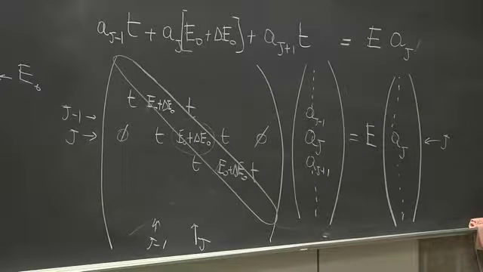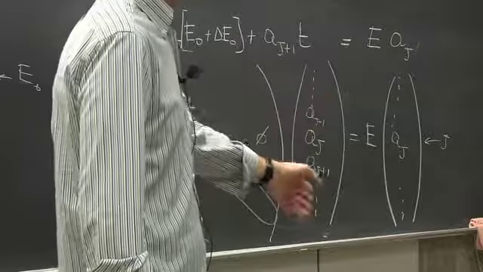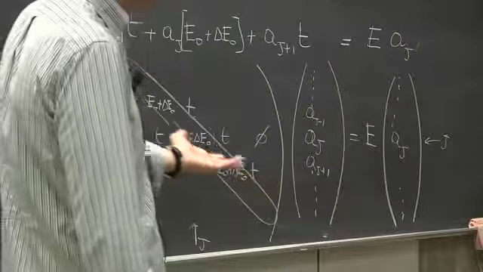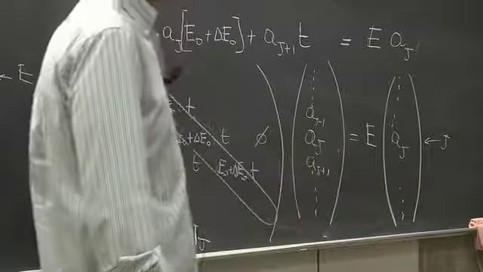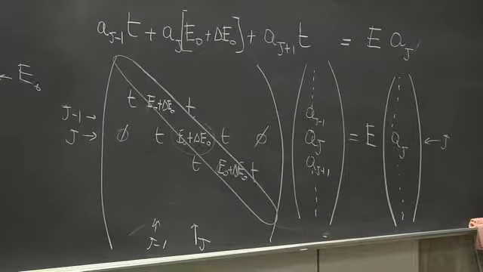So if we want to find the AJs and our energies, we need to diagonalize this matrix and find its eigenvalues and eigenvectors.